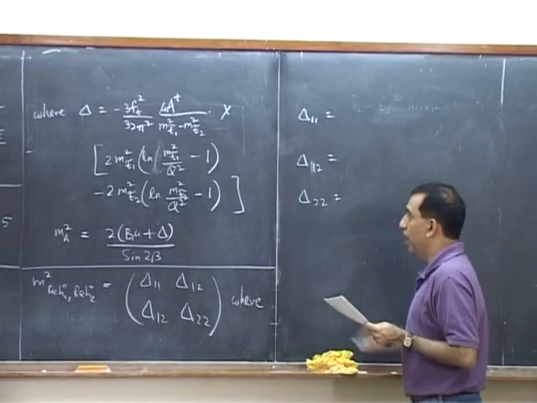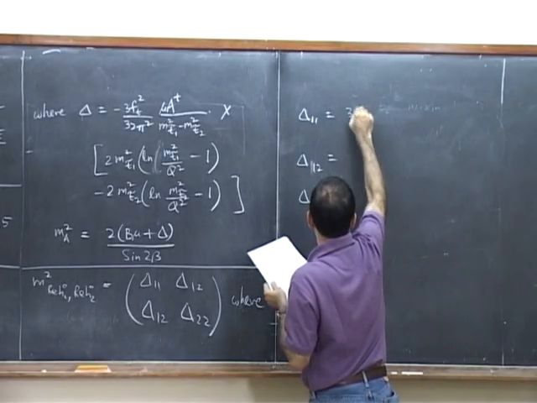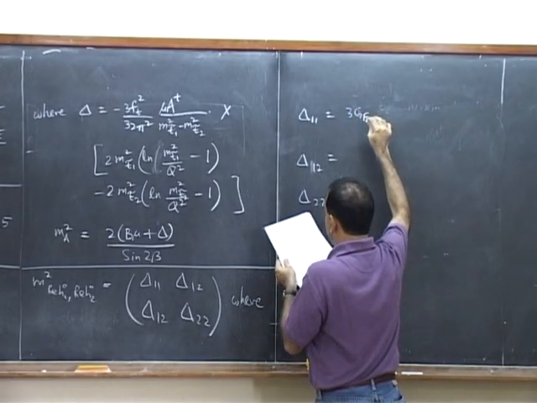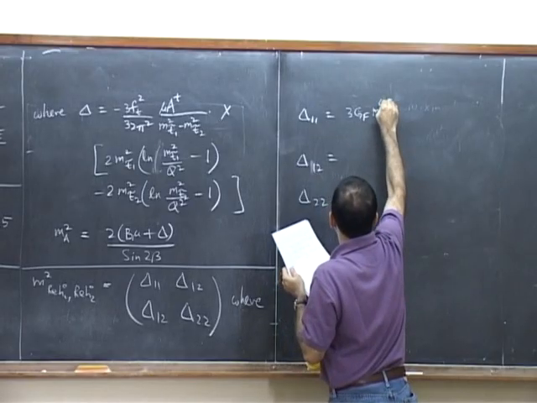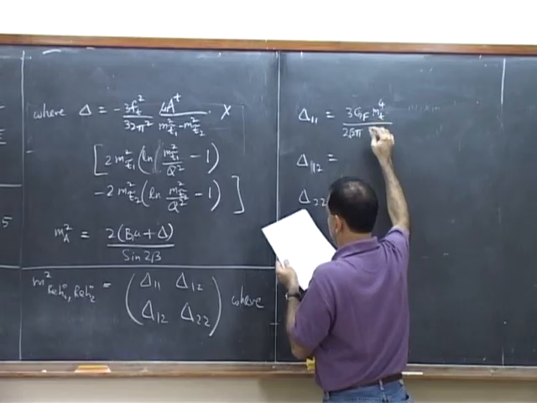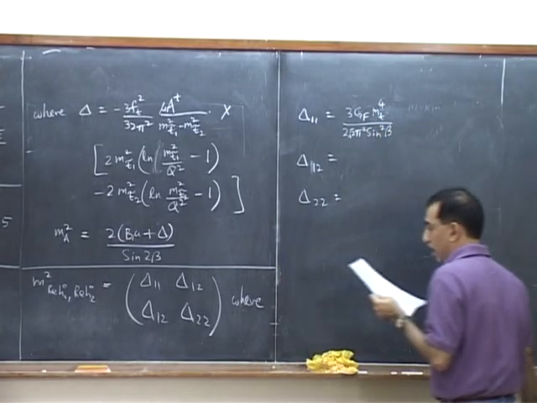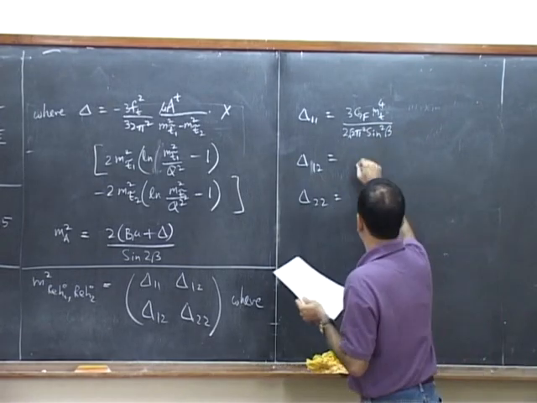It's all using expressions much like that, but the combinations are different. The prefactor is 3 GF mt to the 4th over 2 root 2 pi squared sine squared beta, and that's common for all of these.